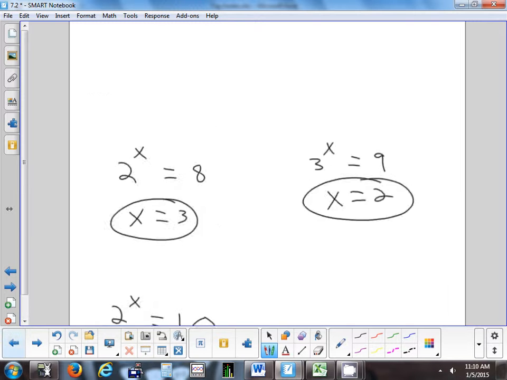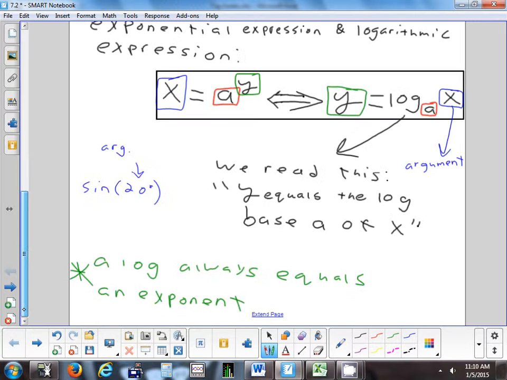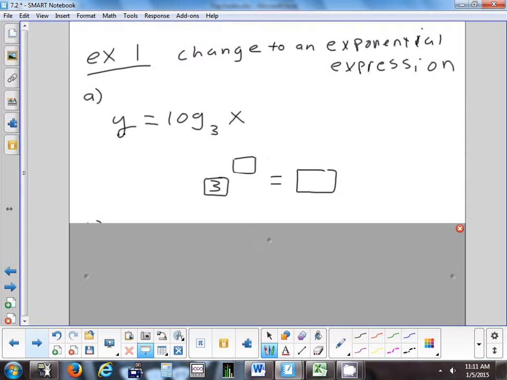You know it's y because a logarithm always equals the exponent. 3 to the y. Now there's only one thing we haven't used. Okay, the x, and there's only one spot for it to go. Right there. Okay, so when you write your final answer, you can just write it like this. Just put the boxes so you could kind of see where stuff goes.